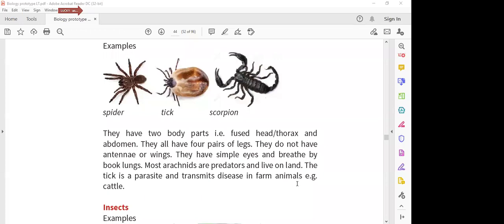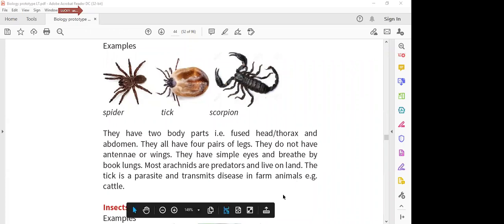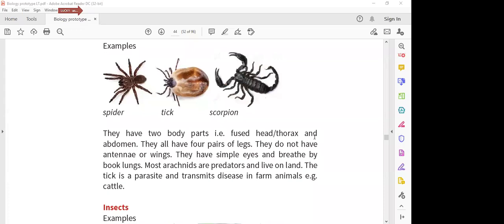Most arachnids are predators that can live on land. The tick is a parasite and transmits disease in farm animals, feed cattle. All right, very good.